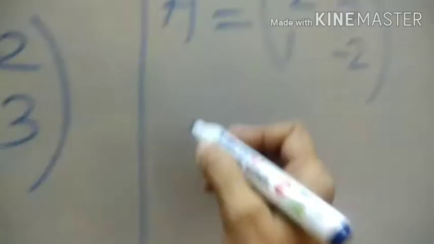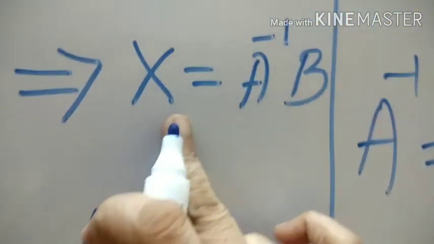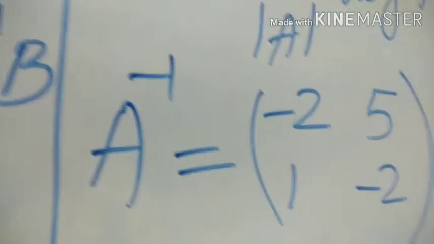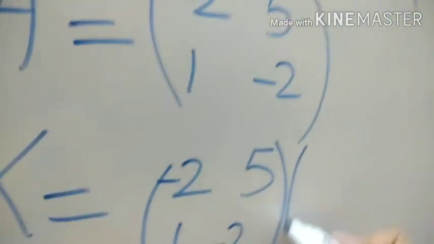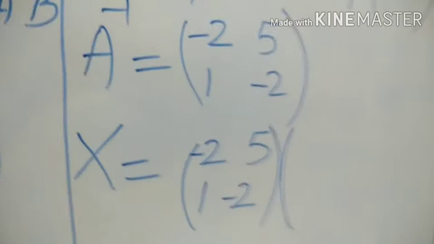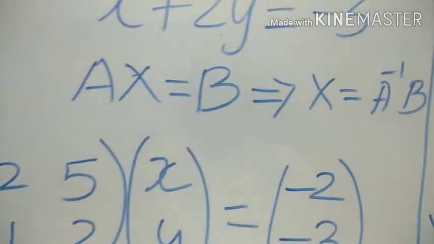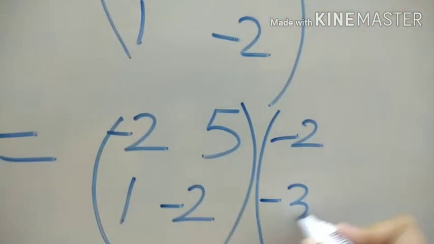Now my question is, I want to find x. What have we written for x? x is equal to A inverse B. What is the A inverse answer? Minus 2, 5, 1, minus 2. This we multiply by the B matrix. What is the B matrix? The RHS is called the B matrix, say minus 2, minus 3.